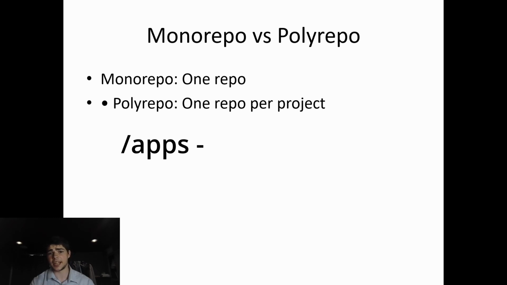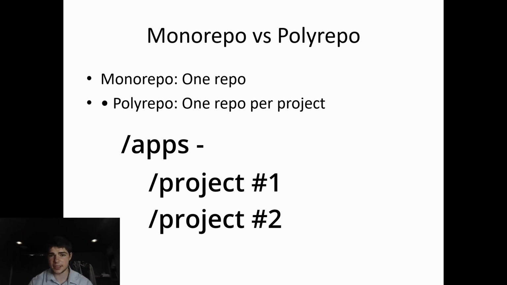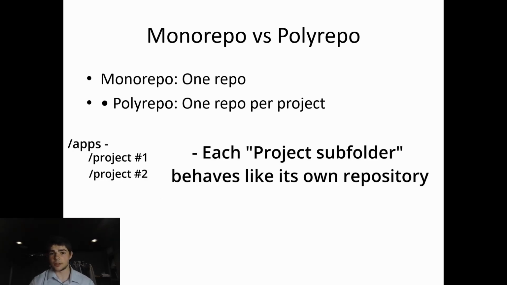So you'll see a folder apps/ and then we'll have multiple repositories in there, but in reality they're just folders. Each of those subdirectories will have its own package.json if you're using Node, and all of its own tests and everything for that repository or that microservice if you're using microservices.